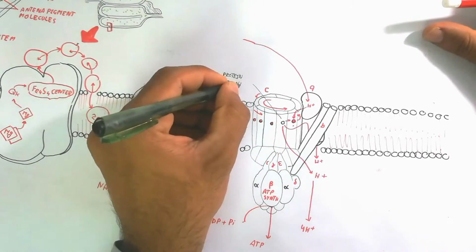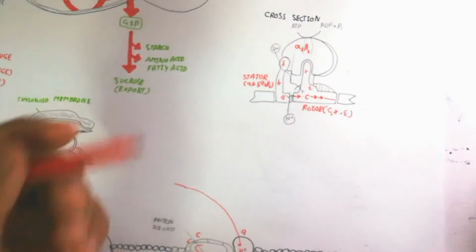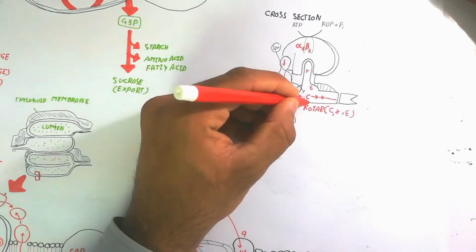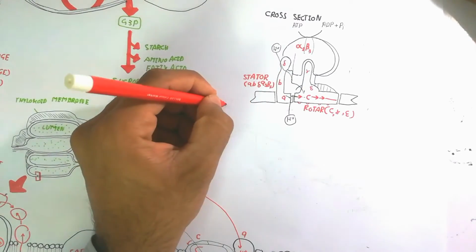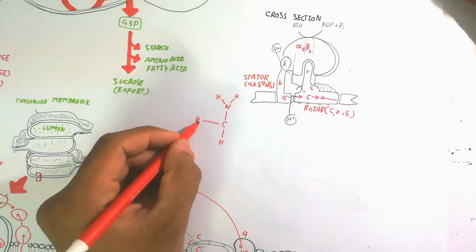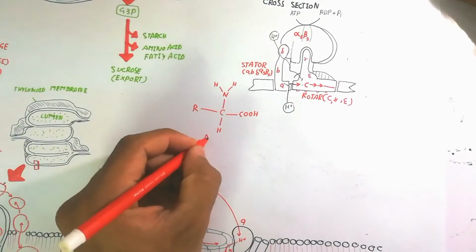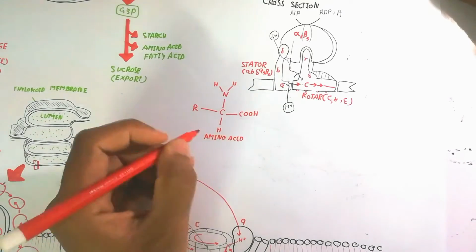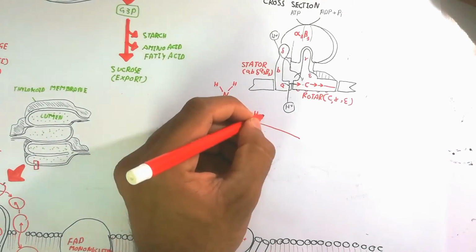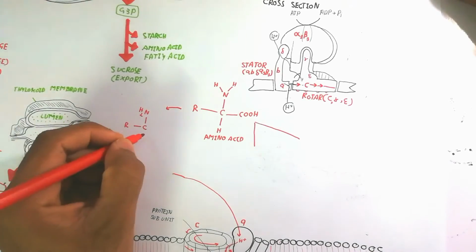Basically the rotator and stators are present here. Stator means not rotating, and rotator means rotating, which includes the C side, gamma side, delta side and eta side, and the stator means A side, B side, delta side, A and eta and beta. Those are the subunits of this.